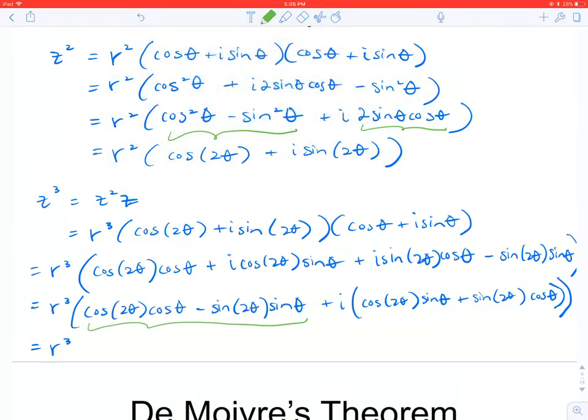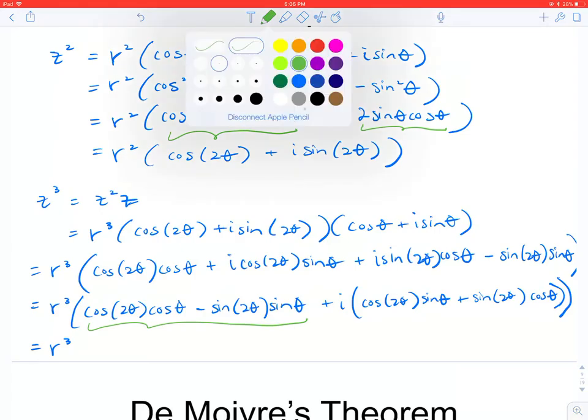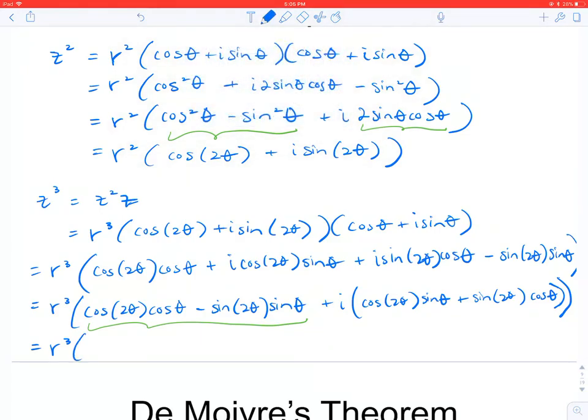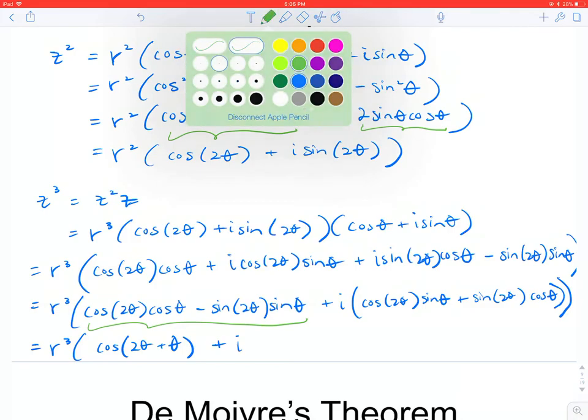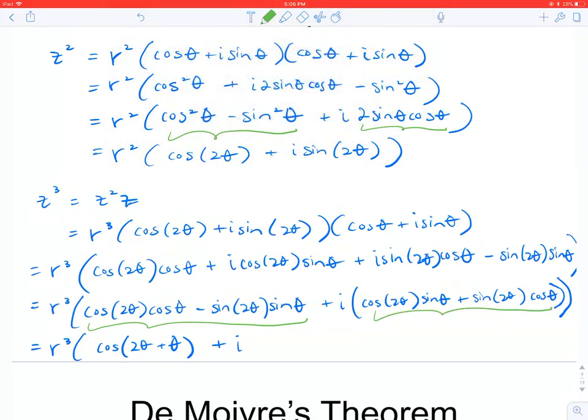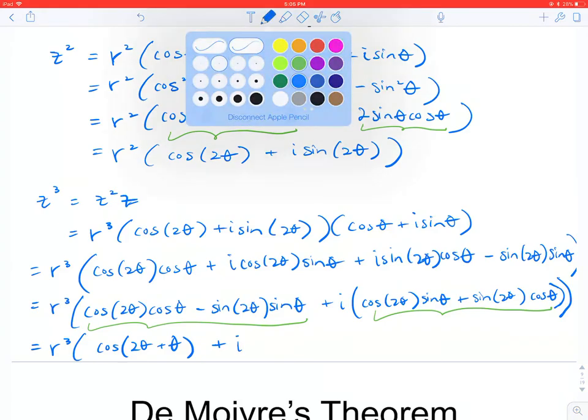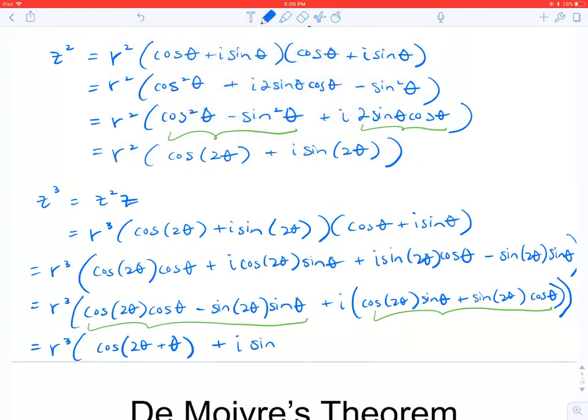Okay, so now thinking back to our identities, this is actually the sum identity for cosine. So that would be cosine of 2 theta plus theta. And this is actually the angle sum identity for sine.